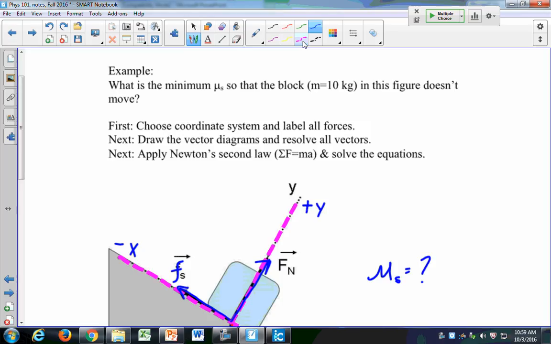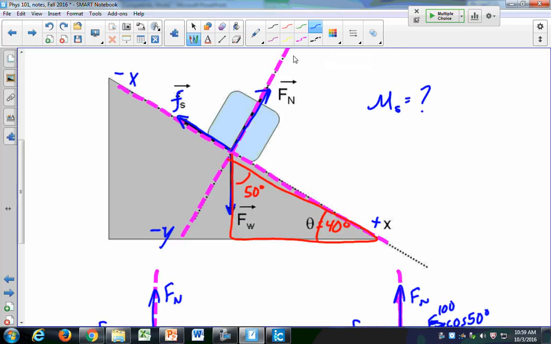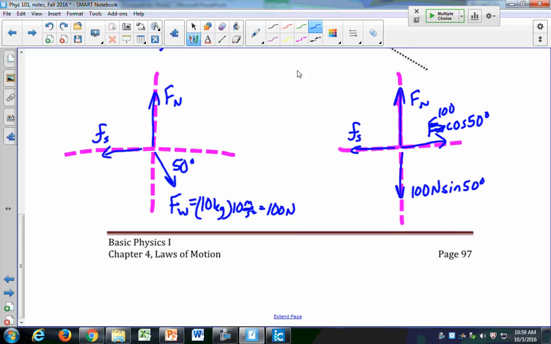And now we're at the last step, which is applying Newton's second law. Applying Newton's second law, we say the sum of the forces in the x direction equals m a_x, and the sum of the forces in the y direction is equal to m a_y.